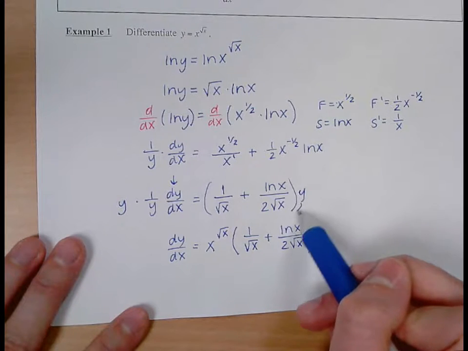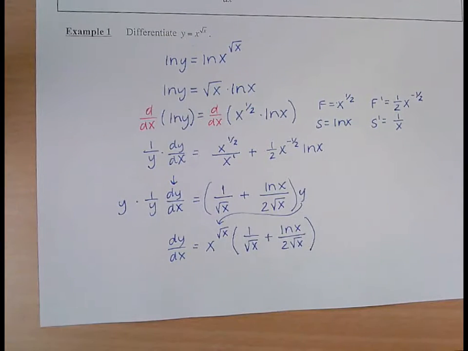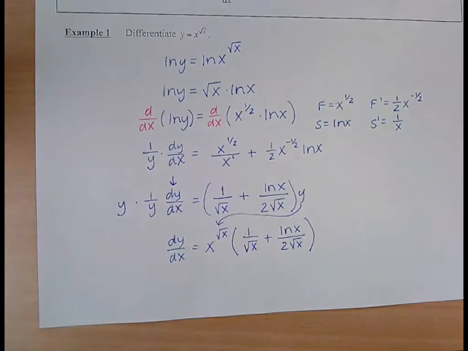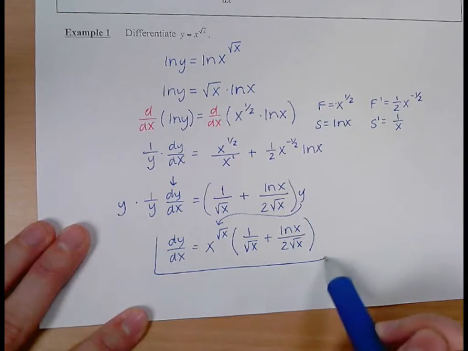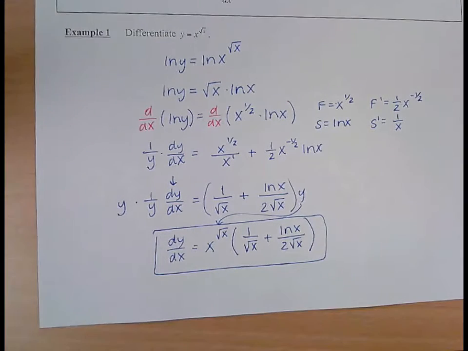Yes, so I'm just writing the y in front, but you do not leave y in your answer. Your derivative should be completely in terms of x because your function to begin with was in terms of x. So honestly, this derivative doesn't look too bad compared to how some of them can look. They can look pretty complicated.